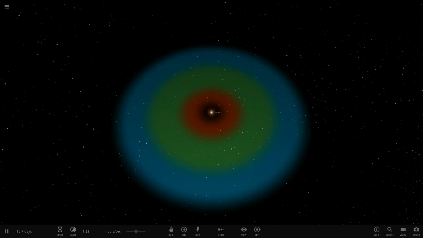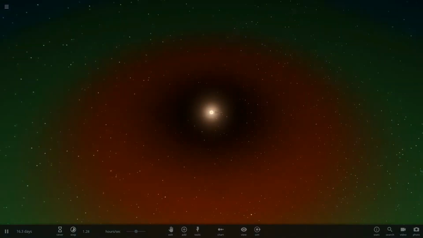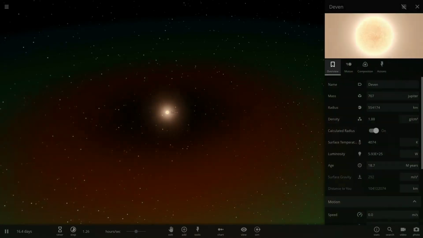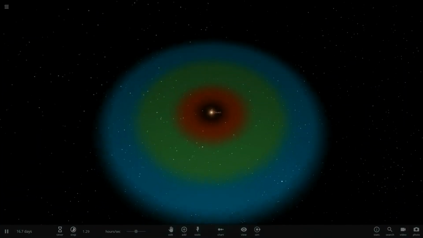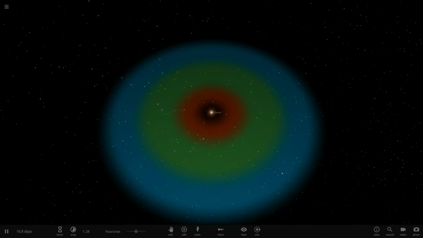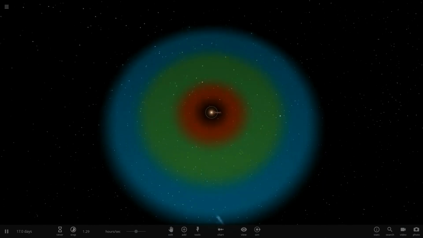Red dwarfs and orange dwarfs are famous for having energy crashes where they've gone through the hyper stage and now they're calming down. Sometimes red dwarfs and orange dwarfs can calm down until they are basically invisible. They are so dim that you can't see them from Earth. You have to have something like the Hubble Space Telescope to see these stars.